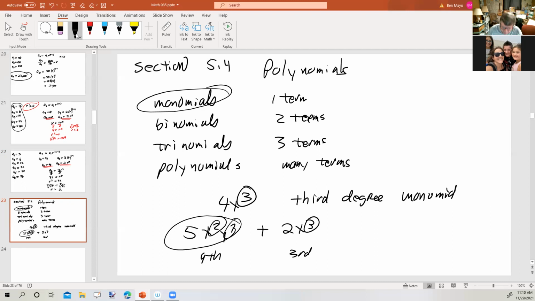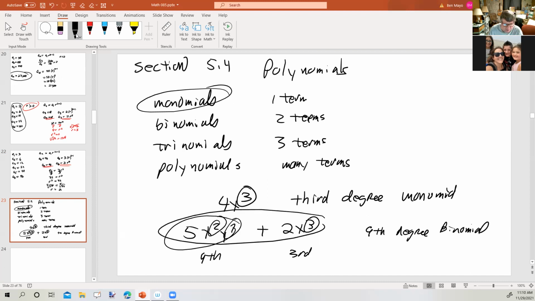The second term is a 3rd degree term, but the degree of the entire binomial in this case is equal to the degree of the highest powered term. So this would be a 9th degree binomial. Binomial because it's 2 terms, 9th degree because the highest powered term is 9th degree, adding the exponents of the 2 and the 7. Any questions about that?